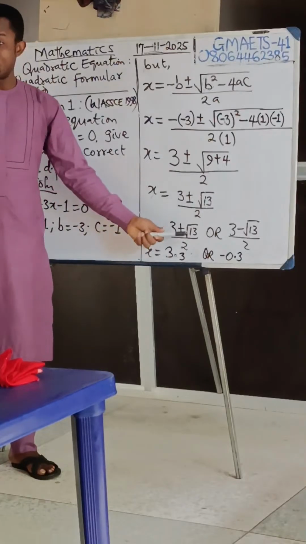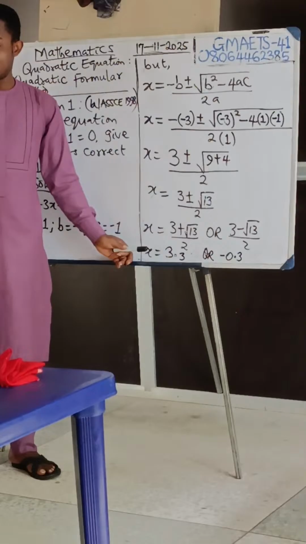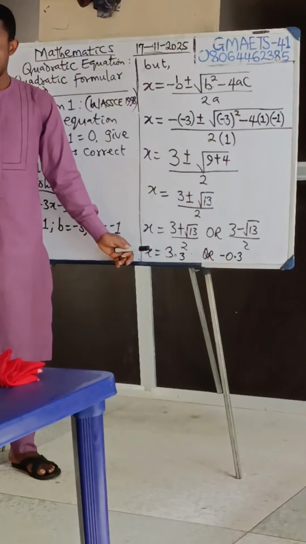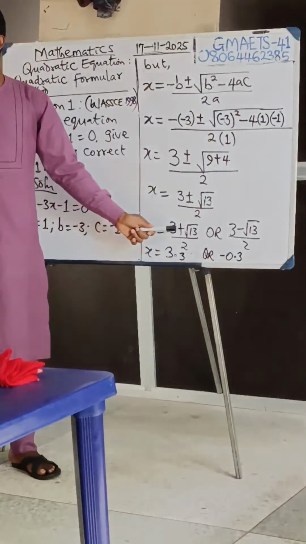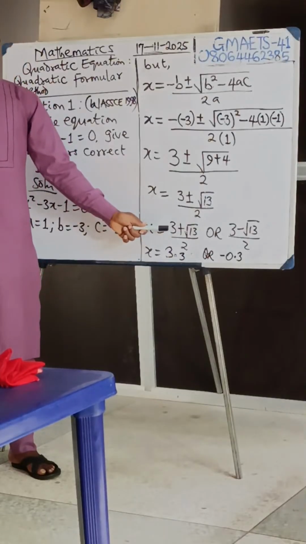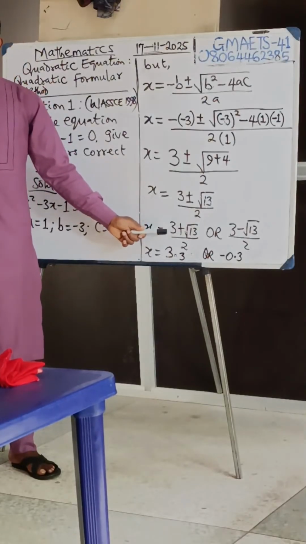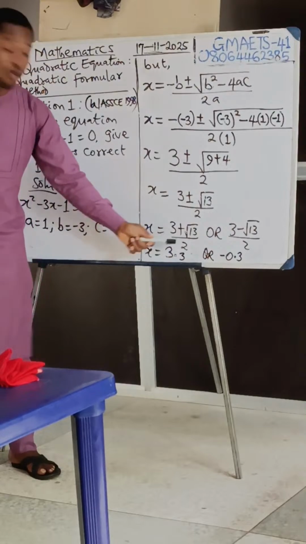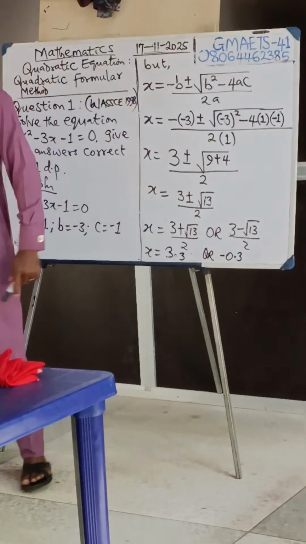If you check your calculator, the square root of 13 will be 3.6. If you add it to this 3, you are going to get 6.6 over 2. 6.6 over 2 is not a fraction.